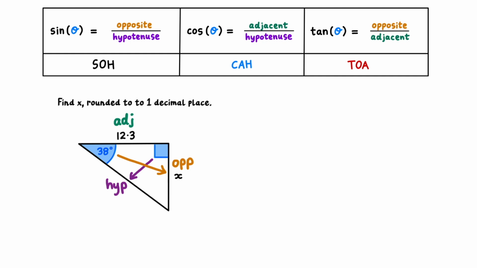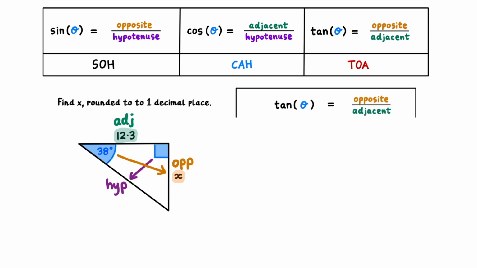In our triangle, the opposite corresponds to x, and the adjacent corresponds to 12.3. However, the hypotenuse doesn't correspond to anything. Since we have information on the opposite and adjacent, we should use the ratio which involves these 2 quantities, and that's tan.